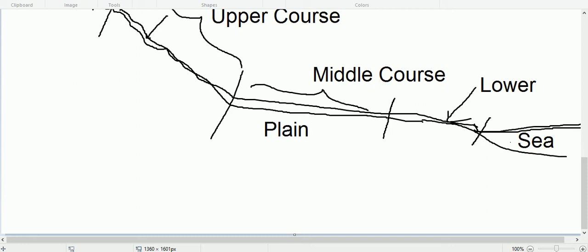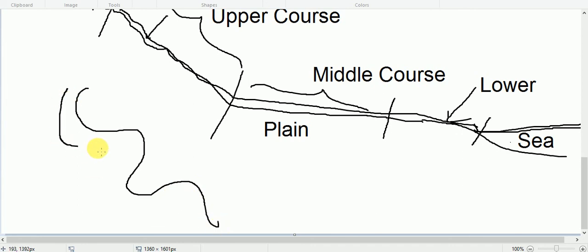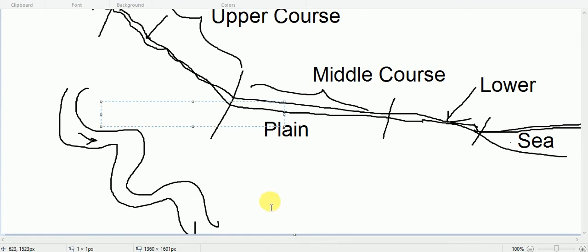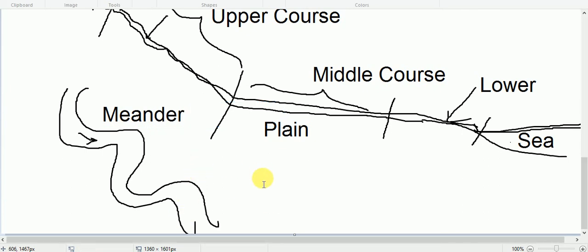If a river winds like this, generally we find in the plain areas, the river may be flowing in this direction, and this is called meandering. Okay, river meander or meandering. So meander means a winding river like this, just like a winding rope. So this is a meander.